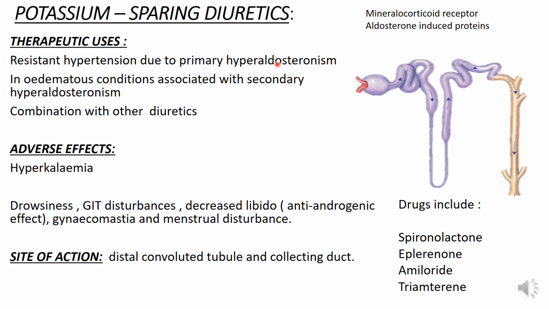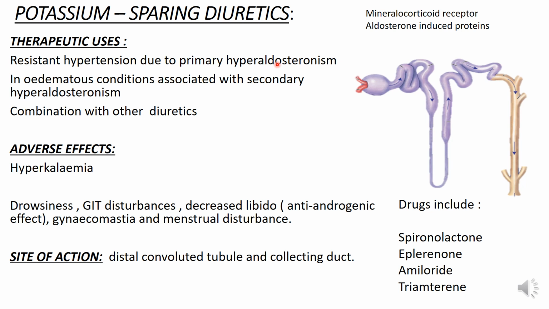It may be primary, which is called Conn syndrome, and a syndrome is a collection of diseases, right? So it may be primary hyperaldosteronism, also called Conn syndrome, and it may be secondary hyperaldosteronism.